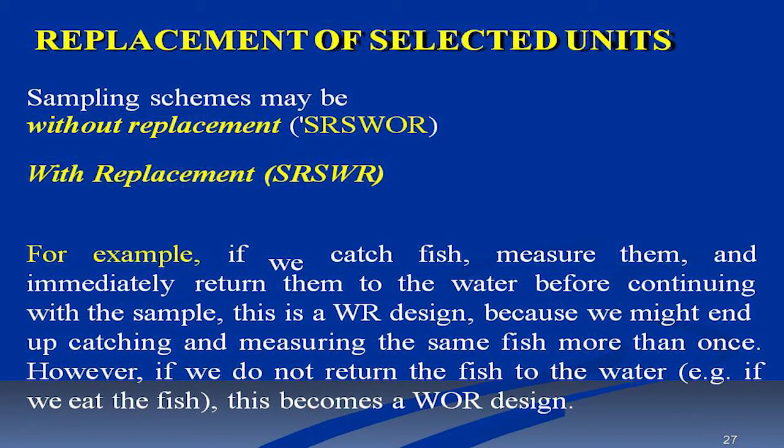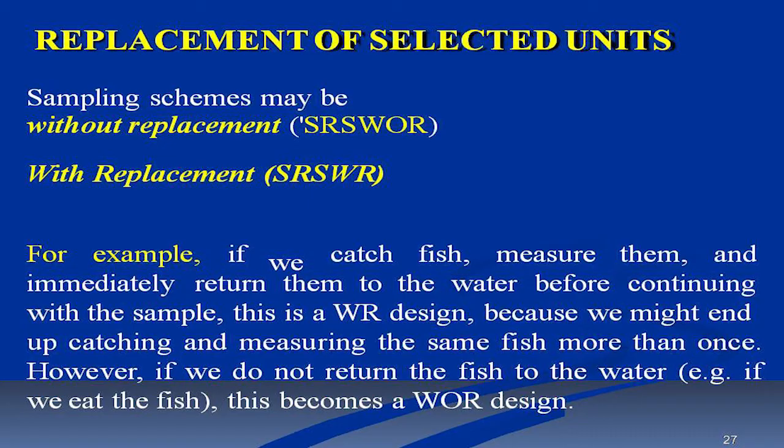Here is one example I have quoted. If you catch fish, measure them and immediately return them to the water before continuing the sample, this is a with replacement design, because we might end up catching and measuring the same fish more than once.